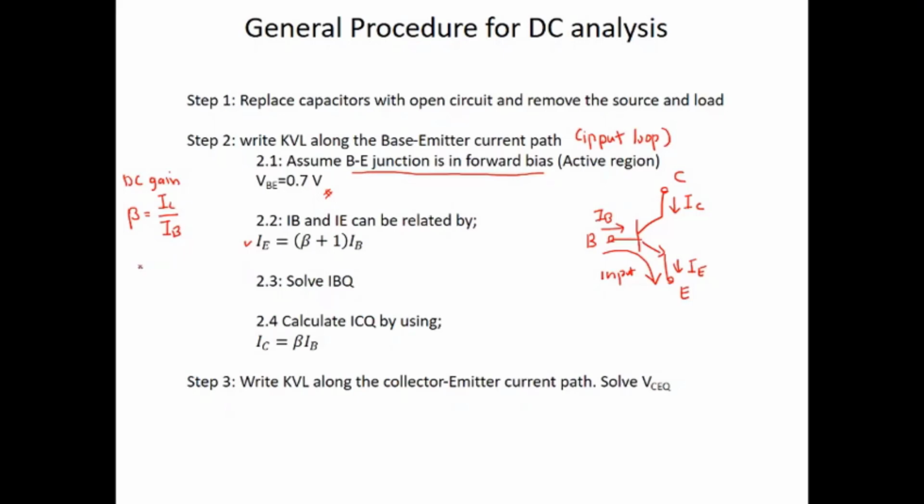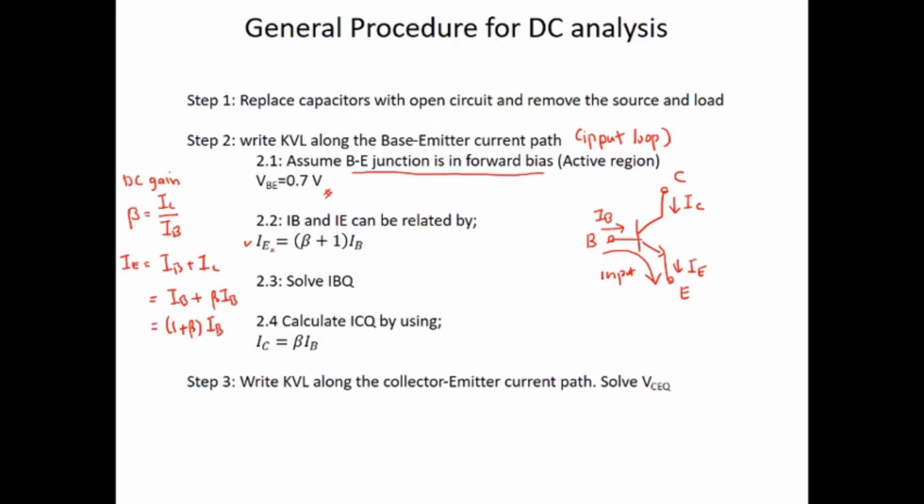We also have the relationship between these three currents: IE equals IB plus IC. From these two equations, with IC equal to beta IB, you get IE equal to (1 plus beta) IB.